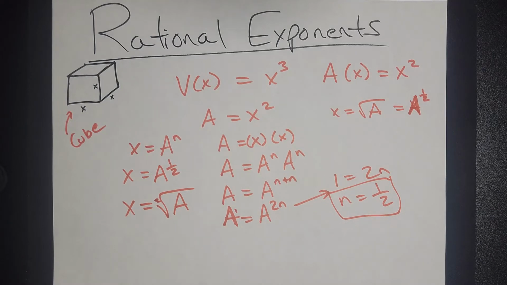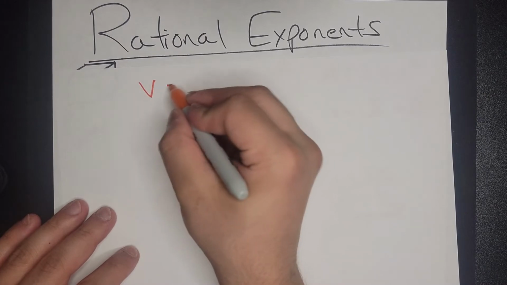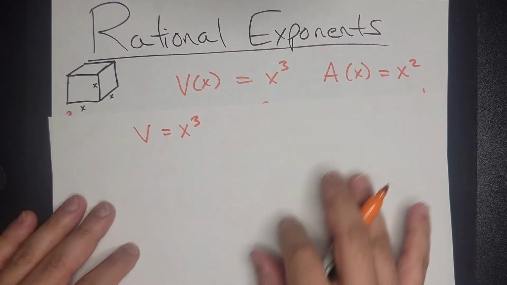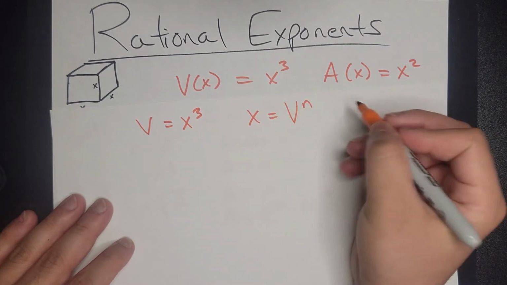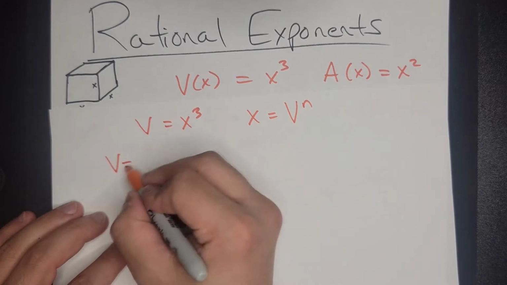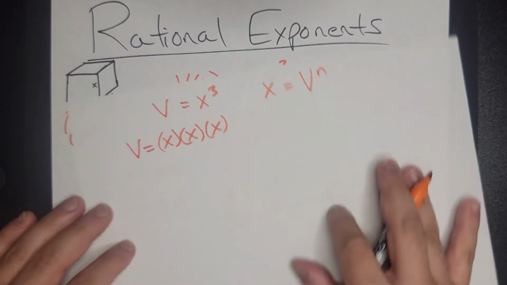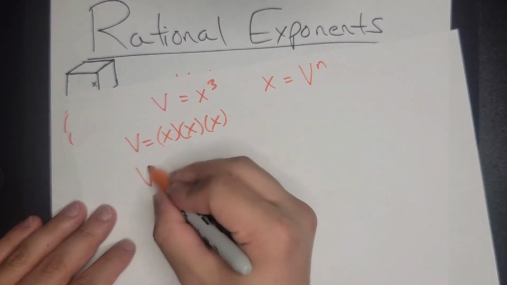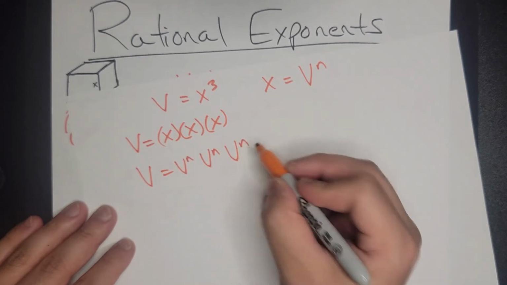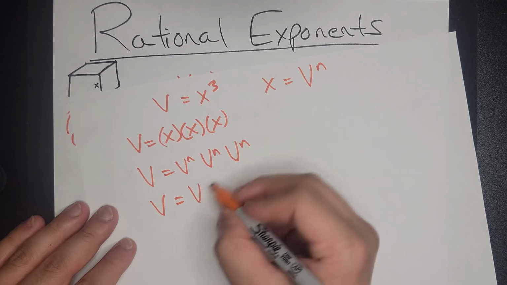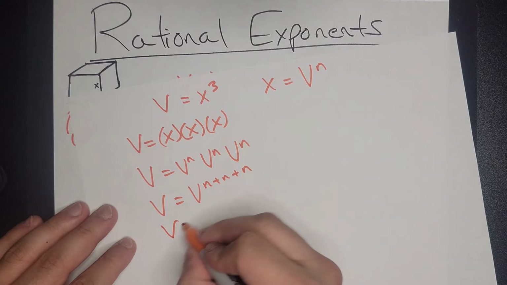And you know what? Let's look at the volume now. If we were to do it with the volume, x is equal to v to the power of n, and I know that v is equal to x times x times x, and if each x is v to the n, that's the same as writing v to the power of n plus n plus n, which is 3n.